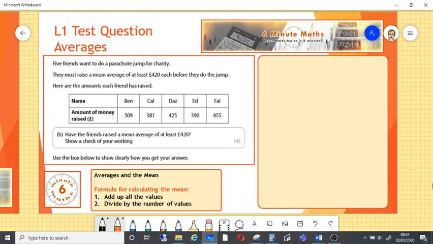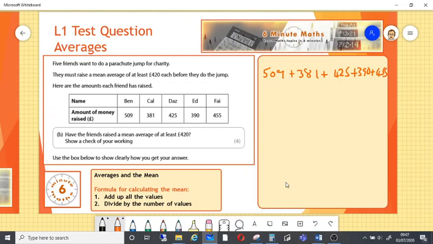So the first thing we'll need to do is work out the average, so we'll need to add that data up. Remember, add the values and divide it by the number of values. So we've got 509 plus 381 plus 425 plus 390 plus 455.